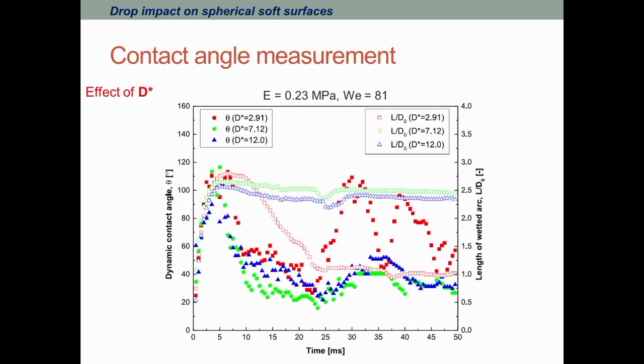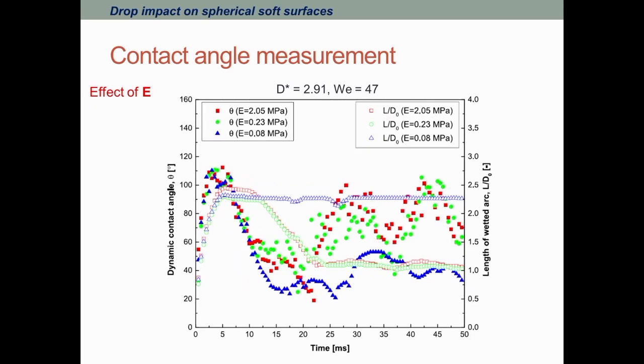And also, as I mentioned before, the dynamic contact angles are measured using the technique. You can see, for example, here is the effect of the curvature. Here the diameter ratio increases, which means the curvature decreases. And you can see that the oscillation magnitude of the dynamic contact angle decreases as you decrease the curvature.